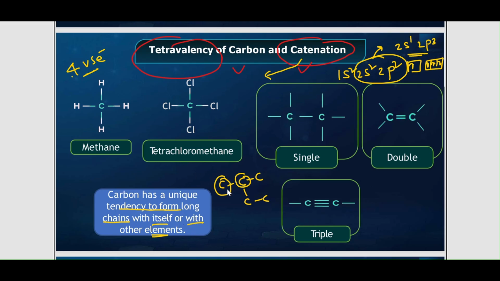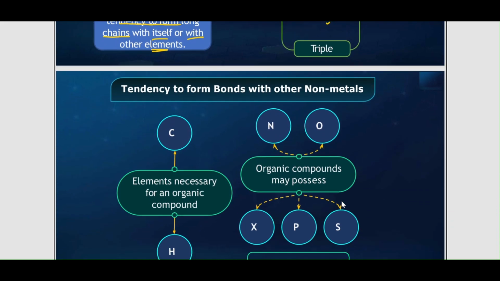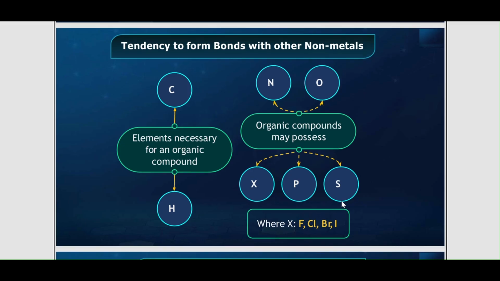Because of that, the tendency of chain formation of carbon is known as catenation. Because of catenation, it can also form multiple bonds between two carbon atoms. Multiple bond means more than one bond; here you can observe a double bond and here a triple bond. So carbon has the tendency of chain formation as well as multiple bond formation ability, and due to that we get a large number of carbon compounds.